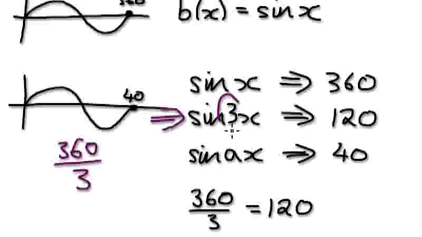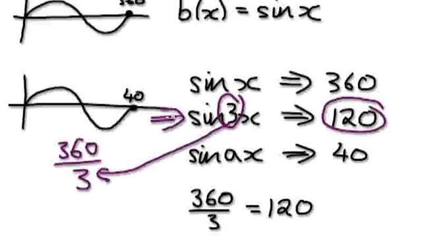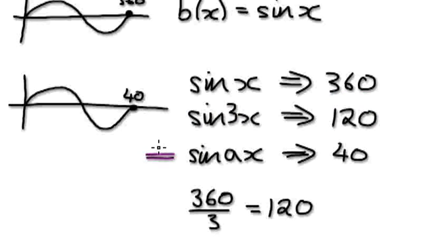If this bit here is 3, that will give you the period for this thing. But now I want to find out what A is in order to give me a period of 40.